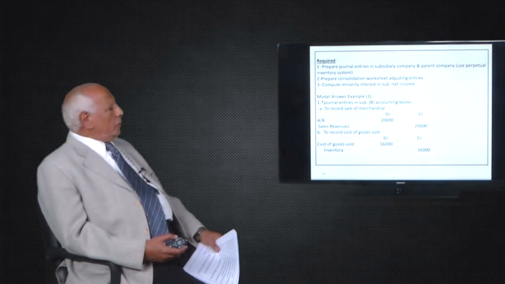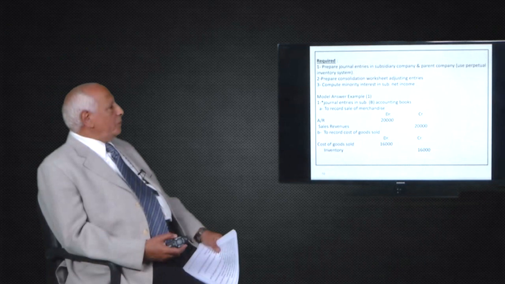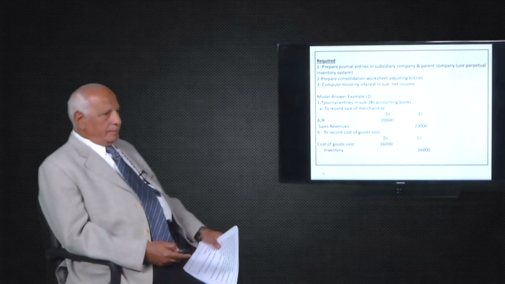Second entry, debit cost of goods sold 16,000, credit inventory 16,000. Look at the difference between sales revenues 20,000 and cost of goods sold 16,000. The difference is 4,000. The second journal entry is very important because it shows how much cost of goods sold we need to put in the accounting books. That means company B is going to make two entries. Okay, let's continue.